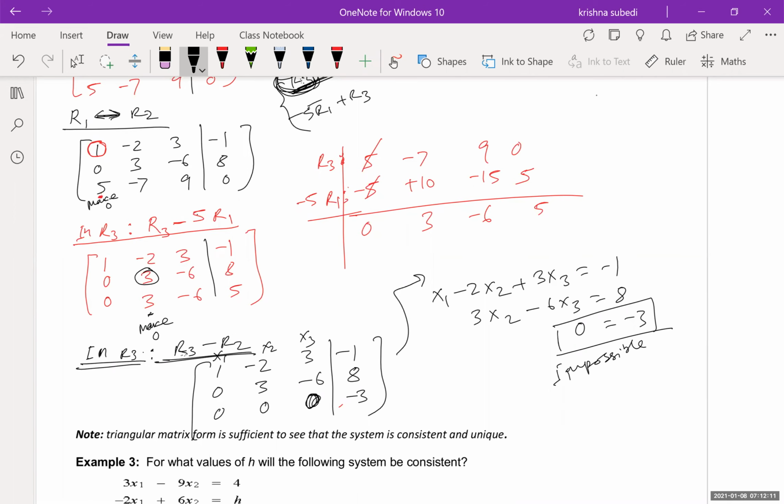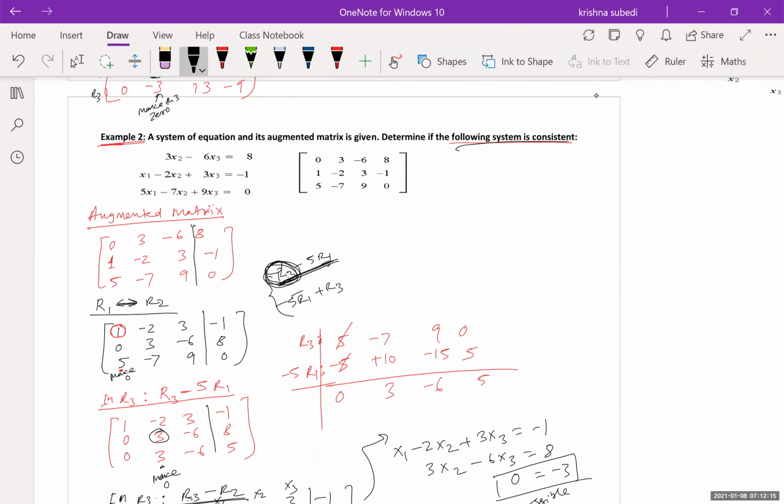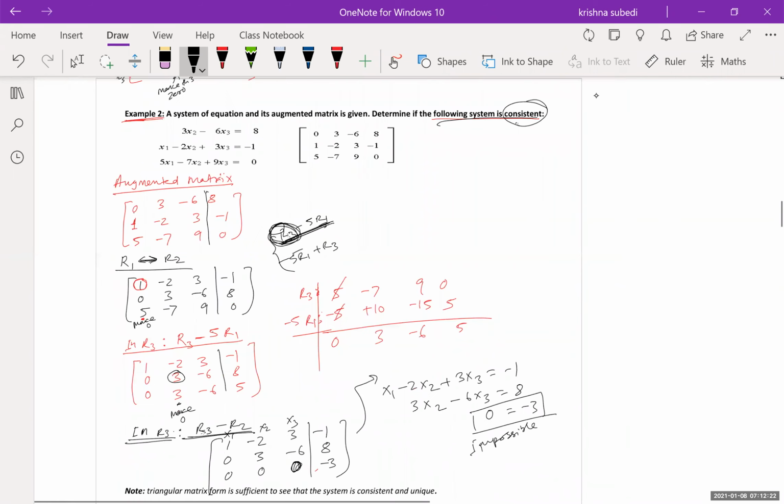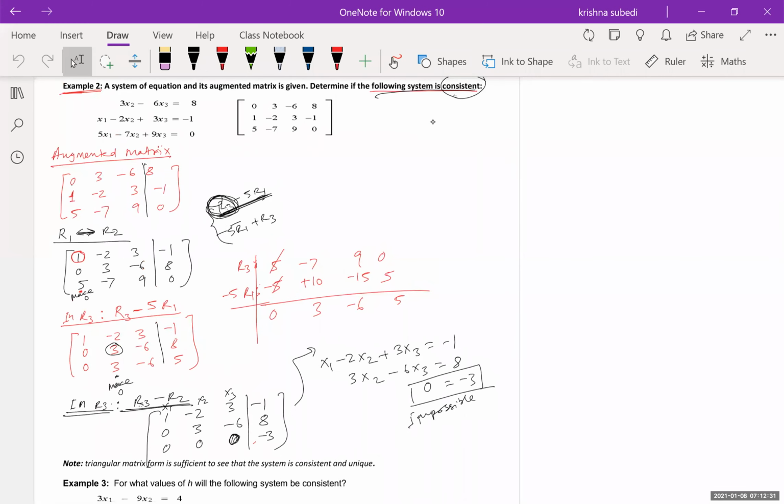Now the question is, let's go back to the question. Our goal is to figure out whether the system is consistent, meaning whether the system will have a solution or not. What is your answer here then? No solution. Inconsistent. Excellent. Inconsistent, no solution. Okay, that's the most important concept for this section, guys. So the system is inconsistent. This is the word we will be using, but it means no solution, right?